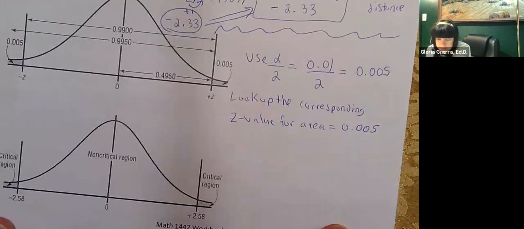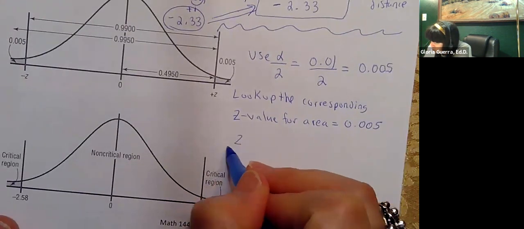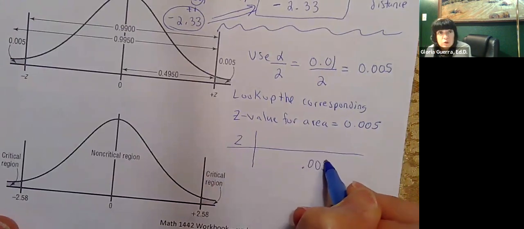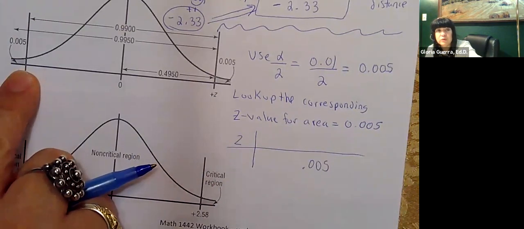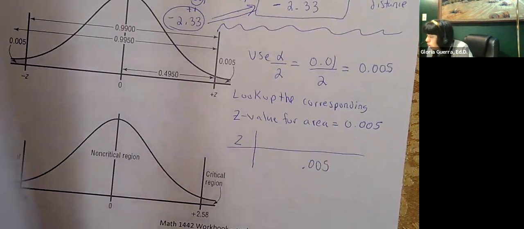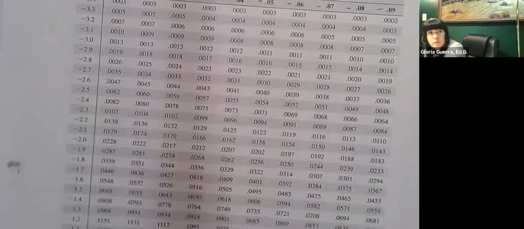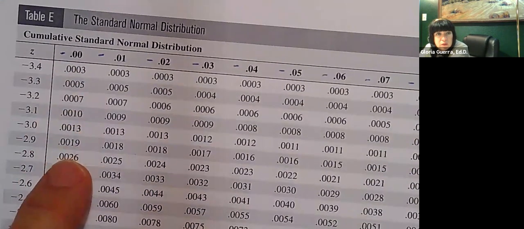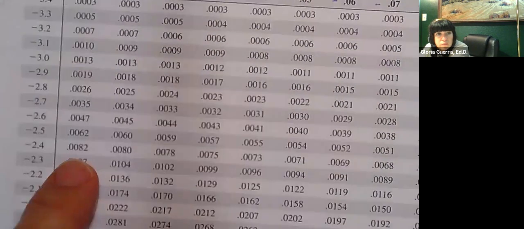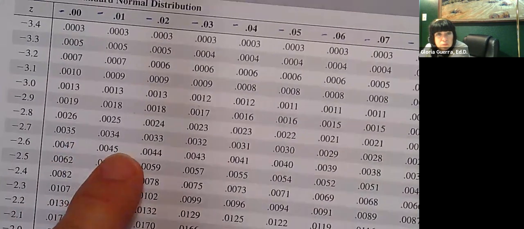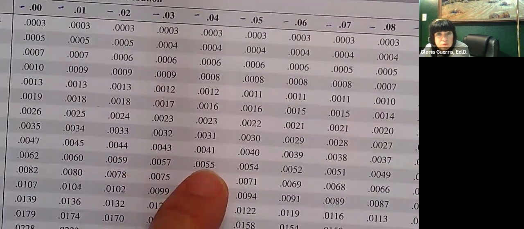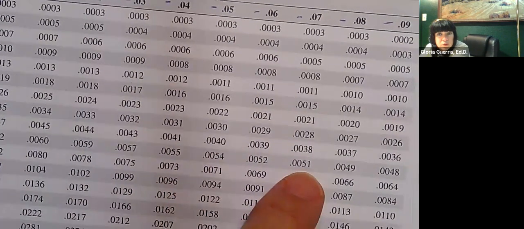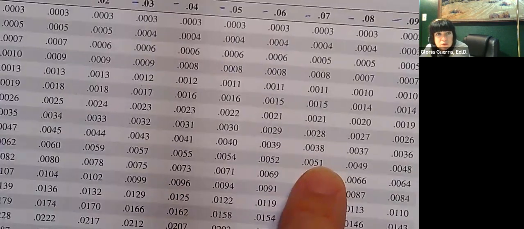So then when you set this up, 0.005. You're going to look on the negative side because it's to the left of 0. It's negative. And you're looking for 0.005. So wouldn't it be between these two here? Let's see.